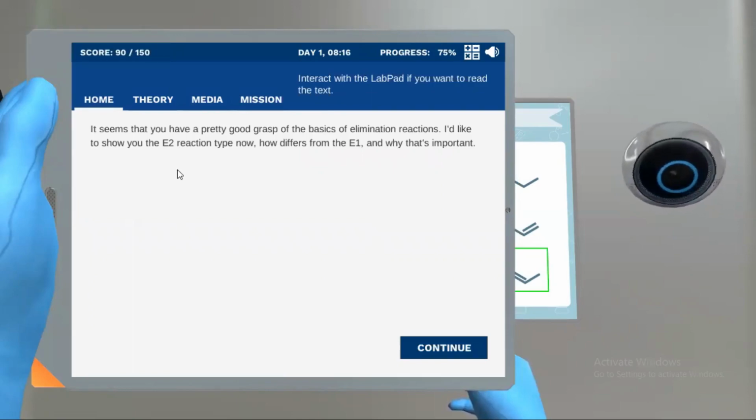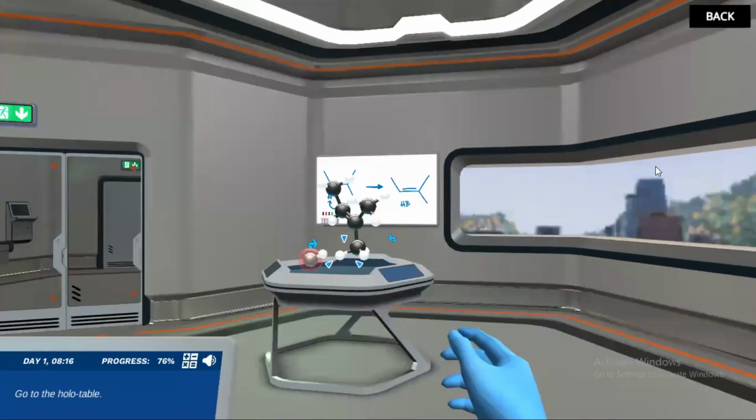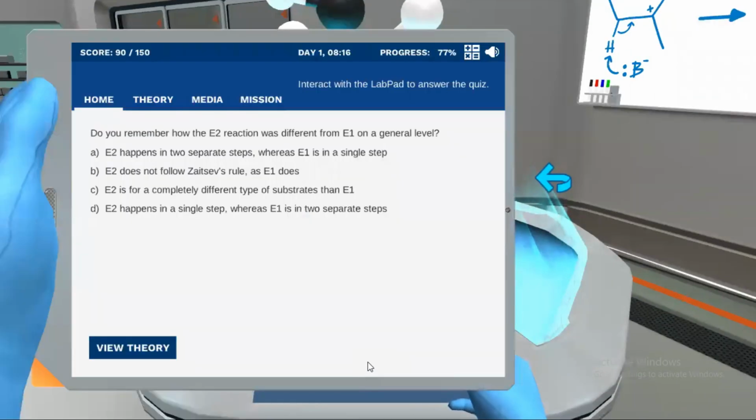I'd like to show you the E2 reaction type now, how it differs from the E1, and why that's important. Go to the hollow table. Do you remember how the E2 reaction was different from E1 on a general level?